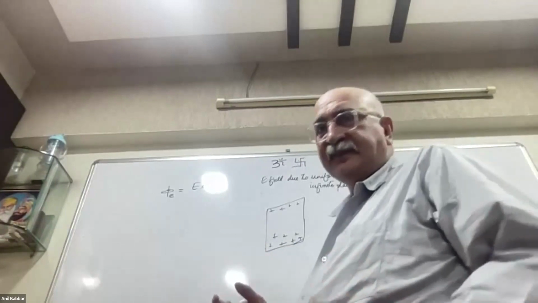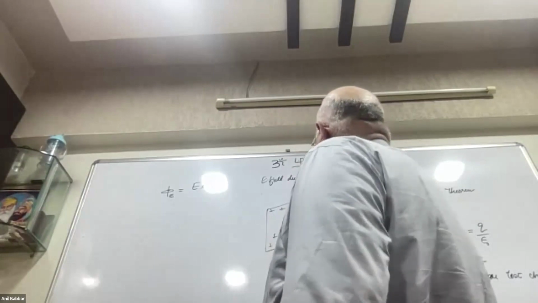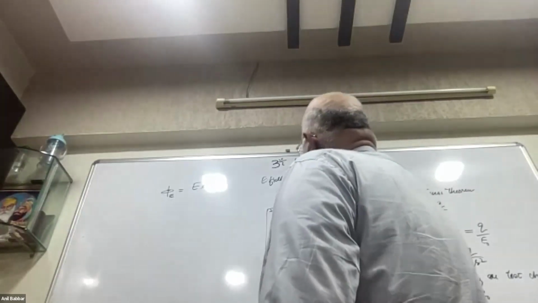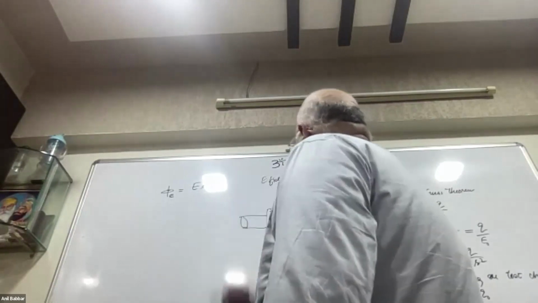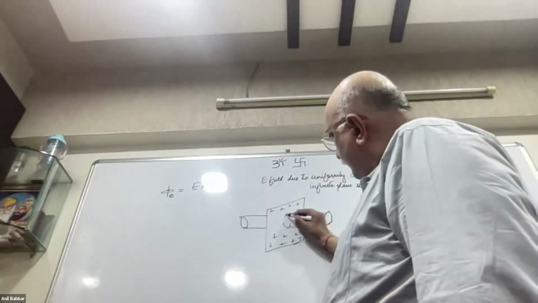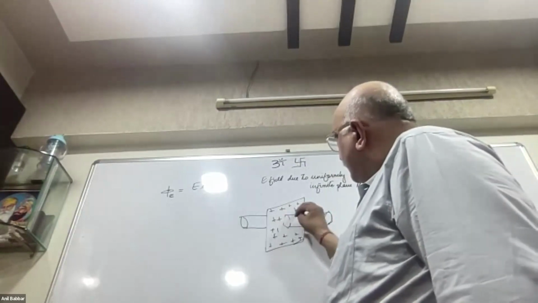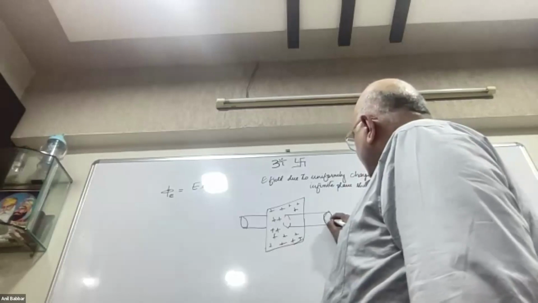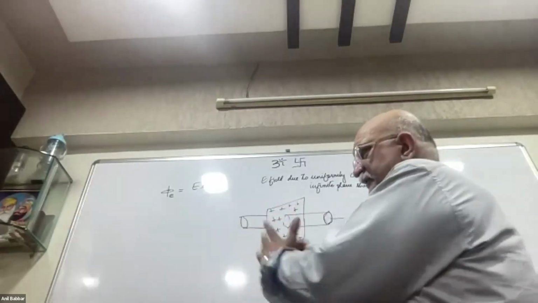We draw the Gaussian cylinder like this. This is a positively charged plate. Positive charge, electric field will be directed away from this, and this sheet is like this.